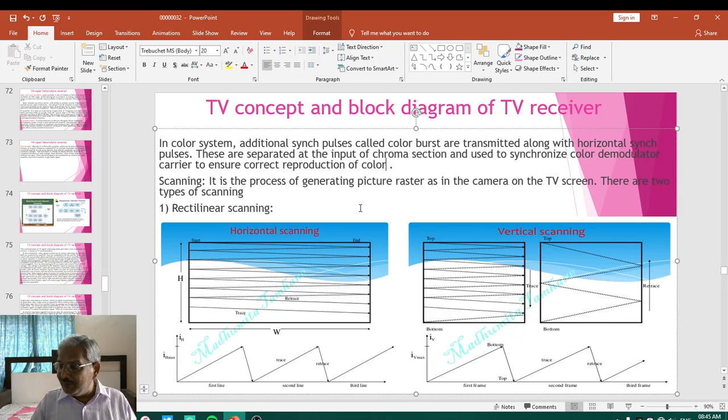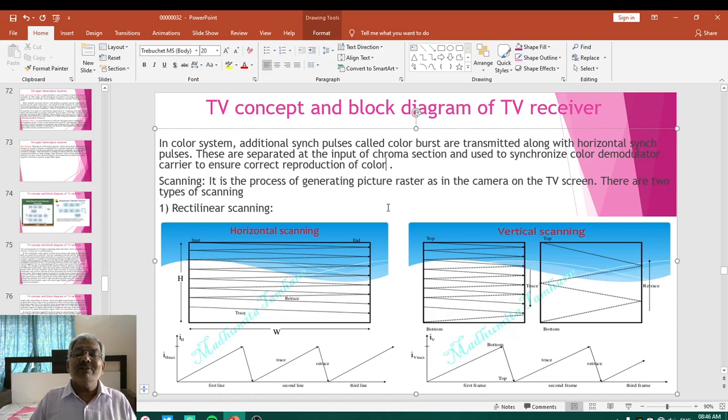When the electron beam of high velocity is incident on the fluoroluminescence material, the material absorbs the kinetic energy, converts it into potential energy, utilizes that potential energy and produces a bright spot known as the pixel of the picture.